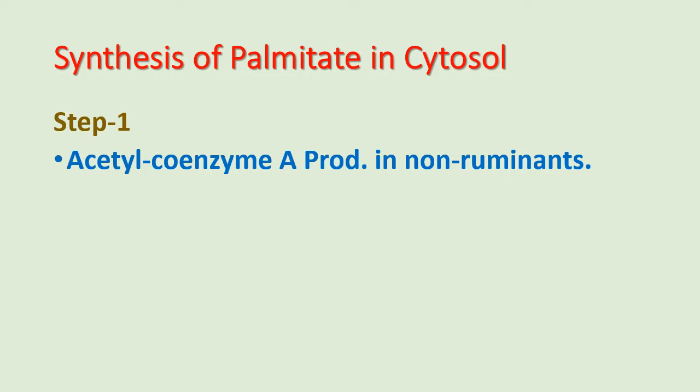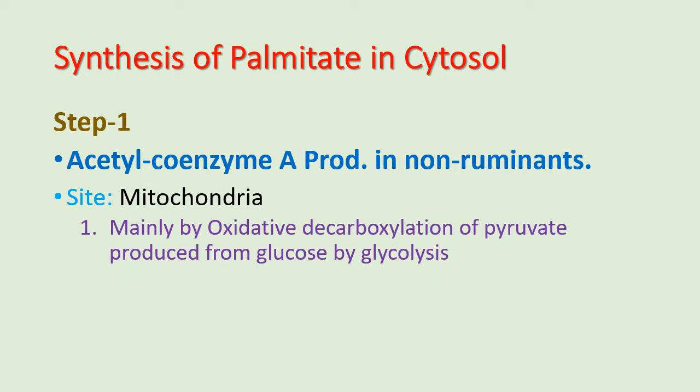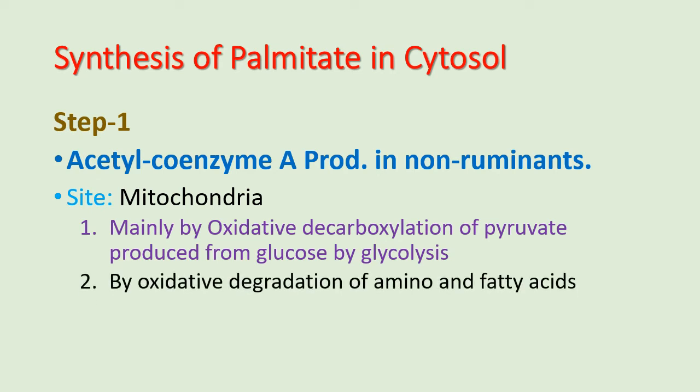In non-ruminant animals, acetyl-CoA is produced in the mitochondria as a result of oxidative decarboxylation of pyruvic acid. This pyruvic acid is produced from the degradation of glucose through the glycolytic pathway, or glycolysis. The other way of producing acetyl-CoA is through oxidative degradation of amino acids and fatty acids. These are the two main sources of acetyl-CoA production in the mitochondria.